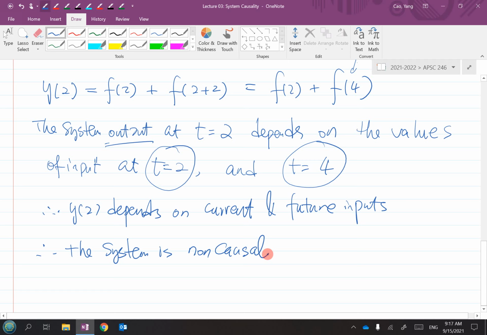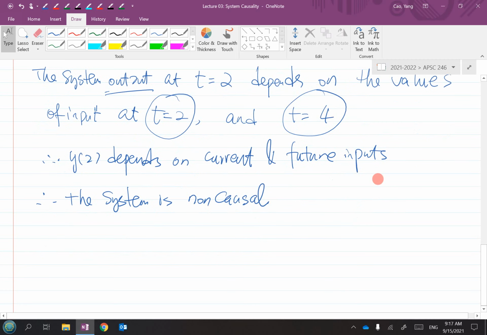Okay. So take a moment to think about what we have just described, how you can determine a causal system. What do you need to be clear about? Number one, what is the input? What is the output? What is the relationship between the input and output?